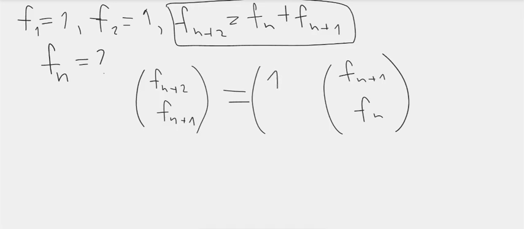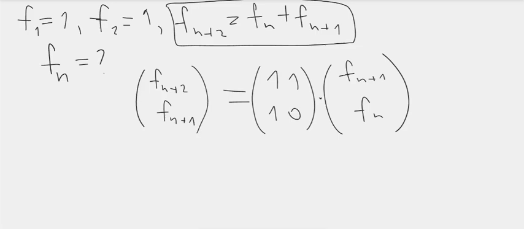So if we introduce this matrix 1 1, 1 0, we write this multiplication.